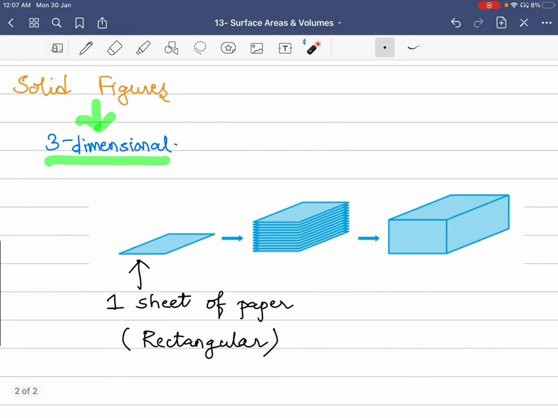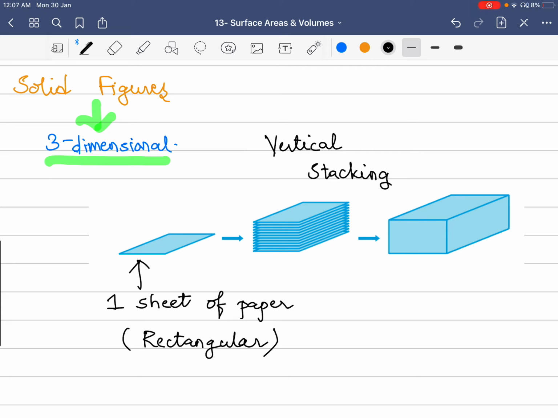Now imagine that we have several such 10 to 12 rectangular sheets of paper placed one above the other, and thus just by doing this simple thing of vertical stacking, what has happened here is called vertical stacking. So I'll just write it here, vertical stacking or vertical pile of papers.